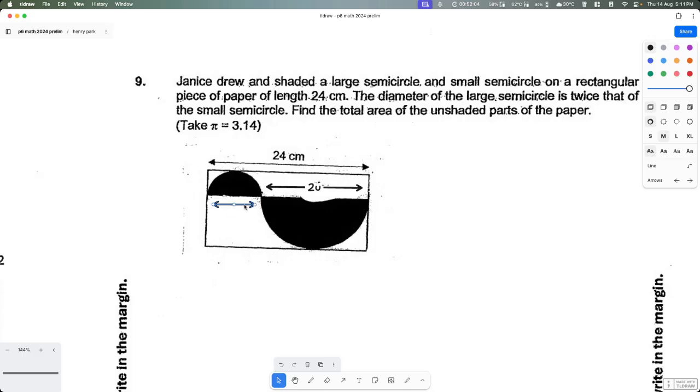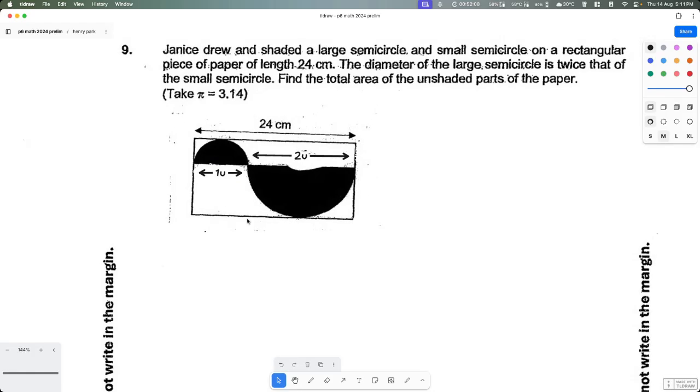So 3 units is equal to 24 centimeters. Then 1 unit is equal to 24 divided by 3. This will give us 8 centimeters.